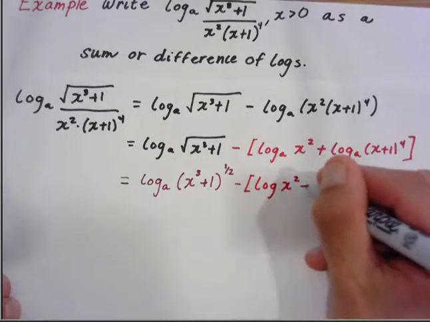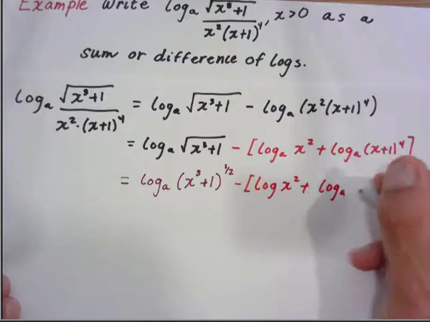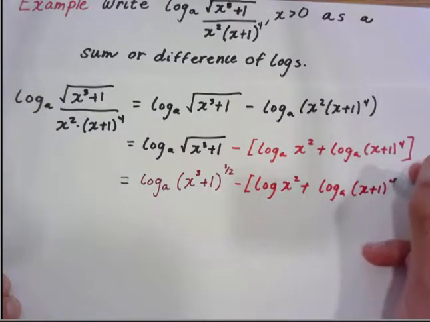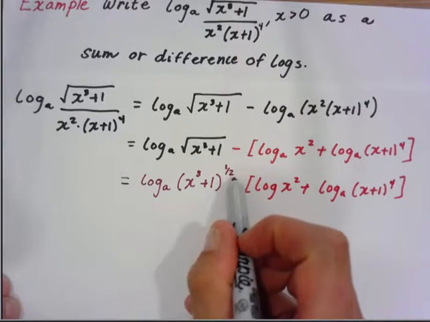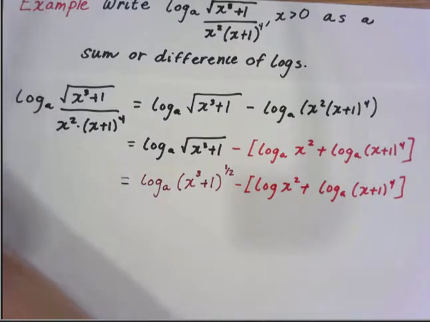But now I've got all these powers. Look, I've got x plus 1 being raised to the fourth power, I've got x squared here, and I've got a power here. So now this is going to be our power rule.